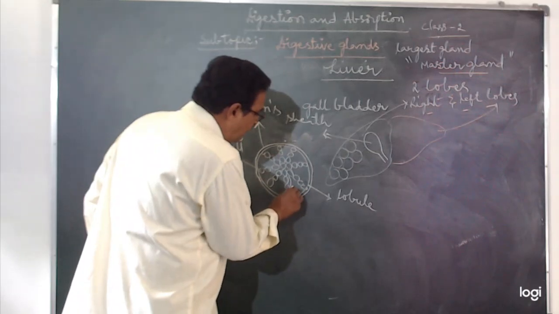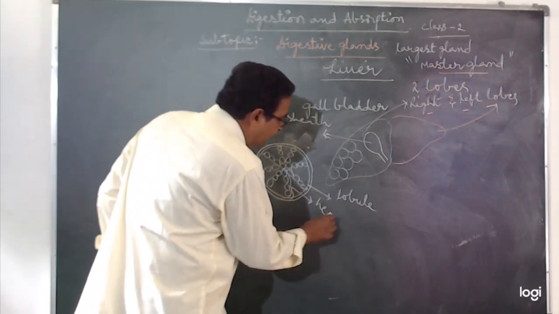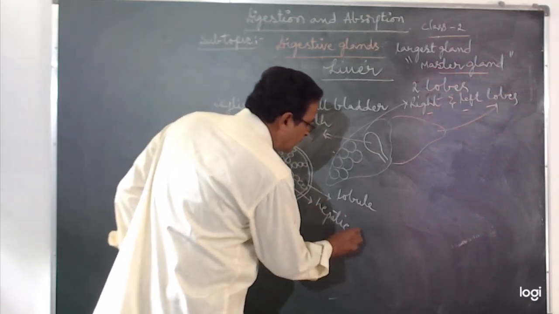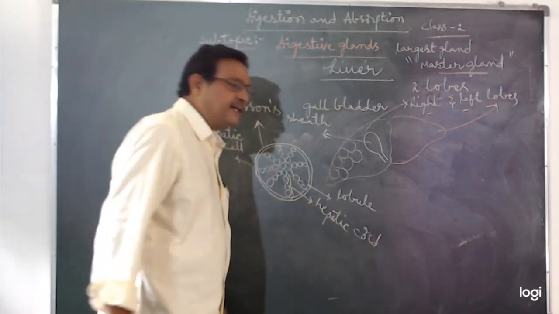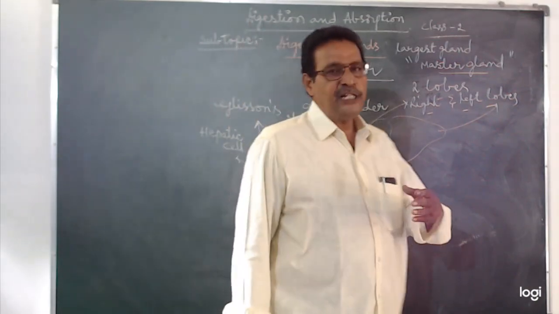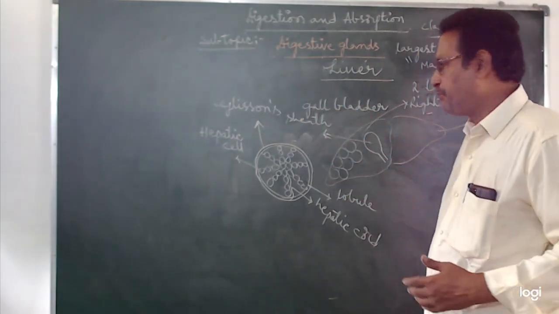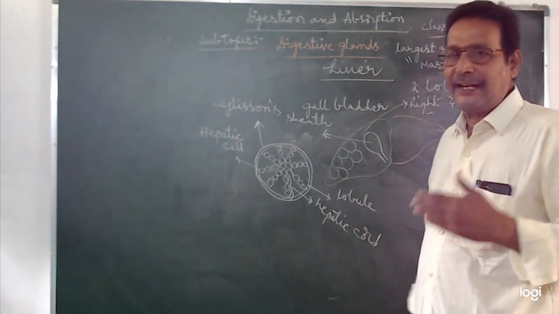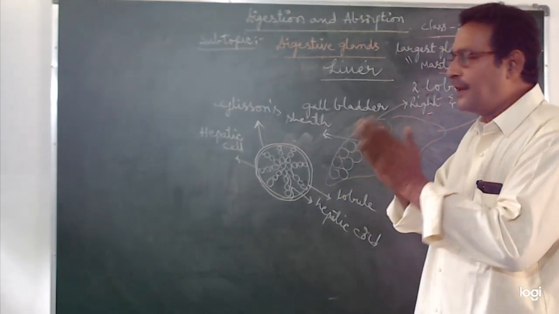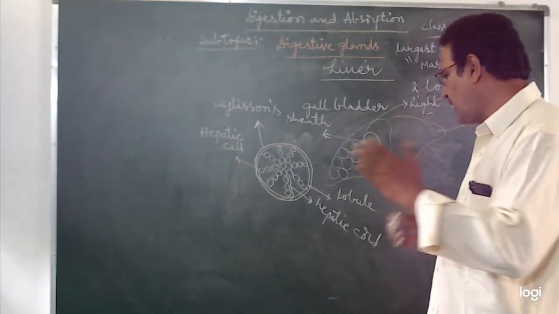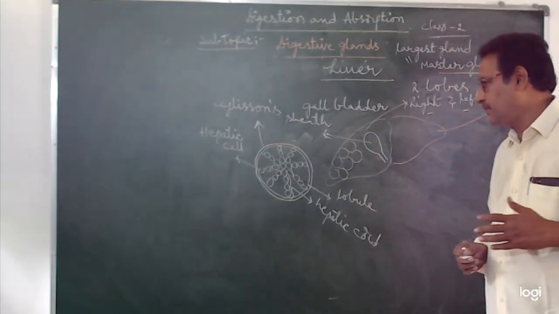So this is called hepatic cord. Hepatic cord means the arrangement of cells in a serial manner. So many cells are arranged in a cord-like structure. That cord is called hepatic cord.